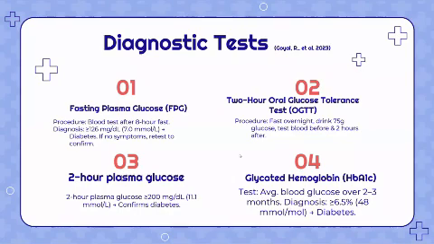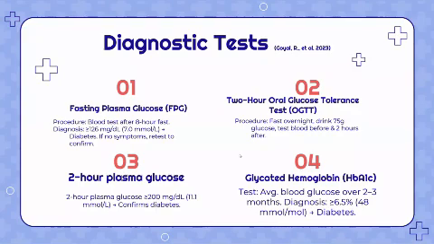In our case study, we use two types of tests to confirm that our patient has diabetes, because to confirm that a patient has diabetes, we need to have two positive tests. And the first one was fasting plasma glucose.